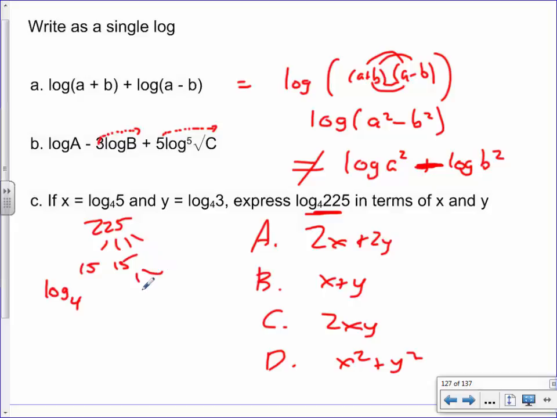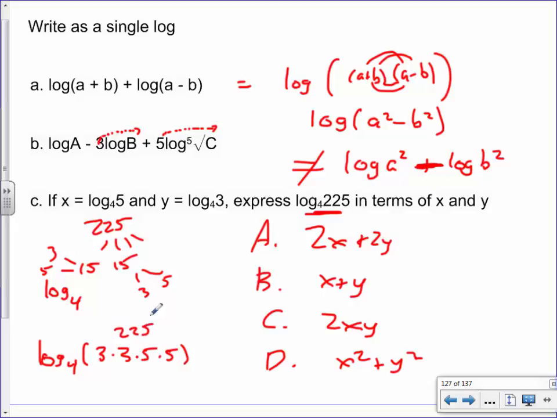Okay, well then 15 is a 3 and a 5, and the other 15 is another 3 and a 5. So would it make sense for me to write this now as log base 4 of 3 times 3 times 5 times 5? So that's still equivalent to 225.